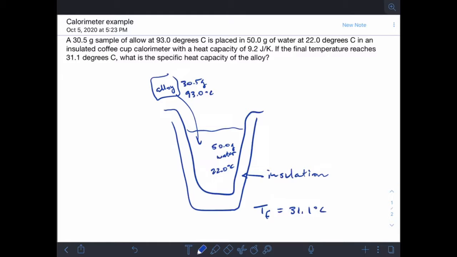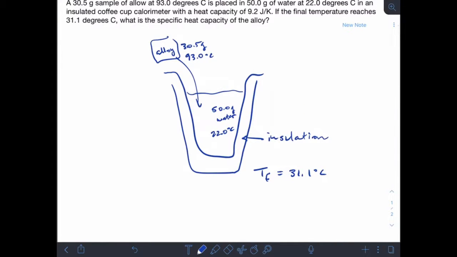All right, so we are going to be able to figure out what our heat capacity is. Remember we said that negative Q system is Q of the surroundings.